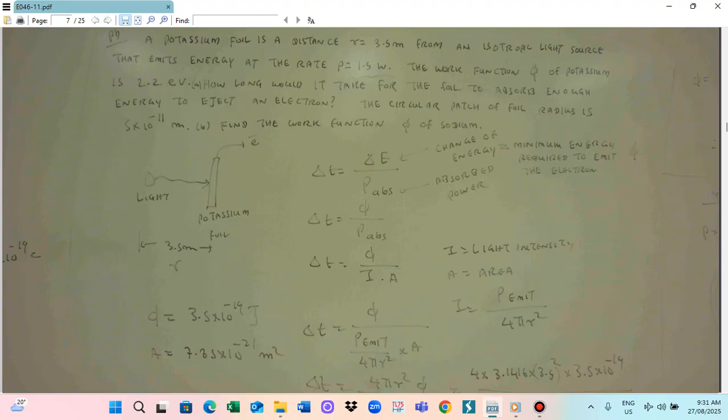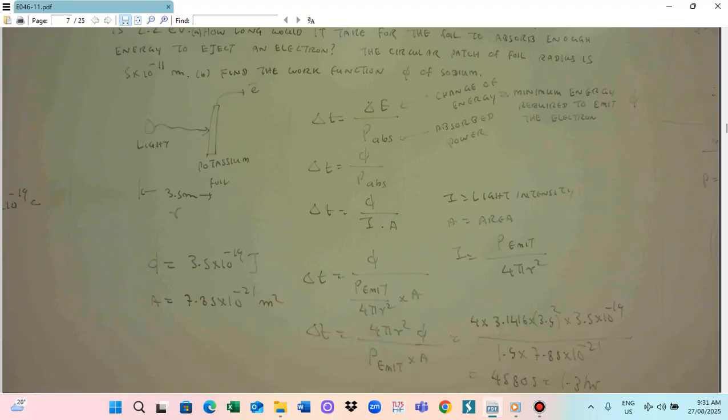Therefore delta T is equal to phi divided by P emitted divided by 4 pi R square, multiplied by A. So delta T is phi divided by the emitted power times A, with 4 pi R square.